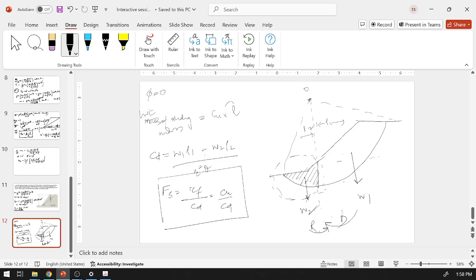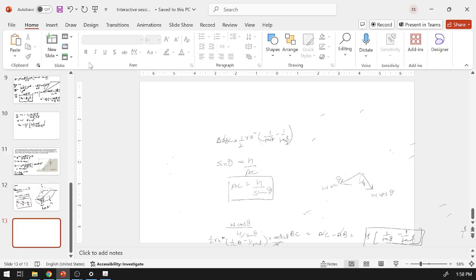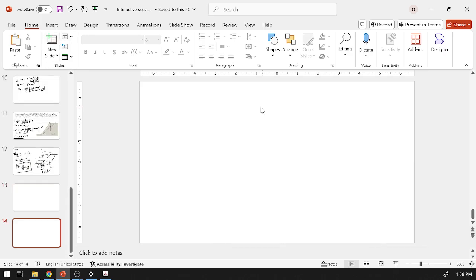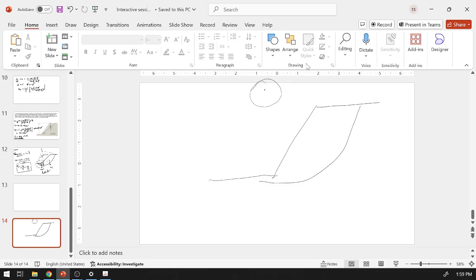So for c-phi soils now, there is a general procedure, the friction circle method, in which we take a friction circle here.